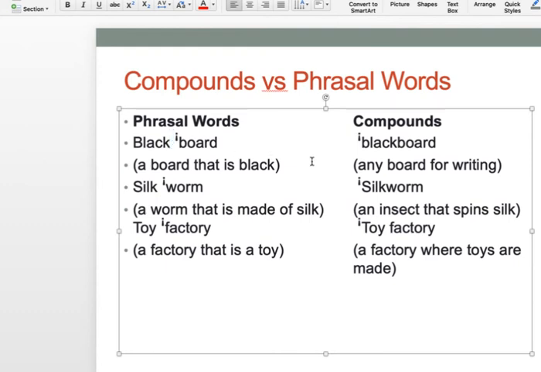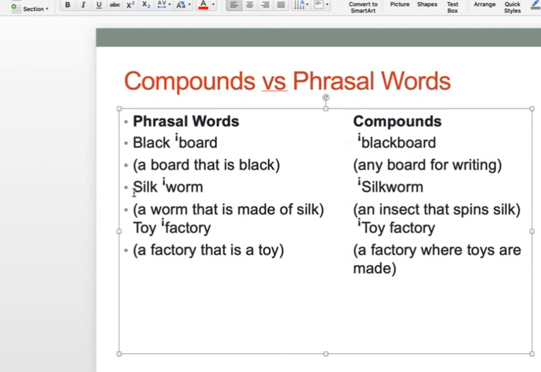Sometimes we have compounds and we write them with a space, like toy factory, here you can see there is a space in between. This is not a typographical mistake. For that reason I said space is no criterion, but stress and semantic differences are the criteria. So phrasal words are stressed on the last element, compounds are stressed on the first element. This is the first difference.